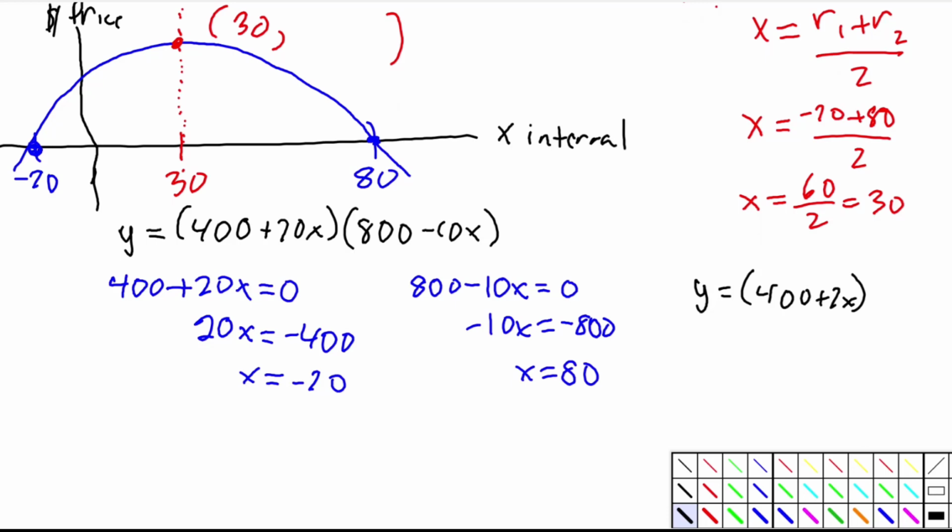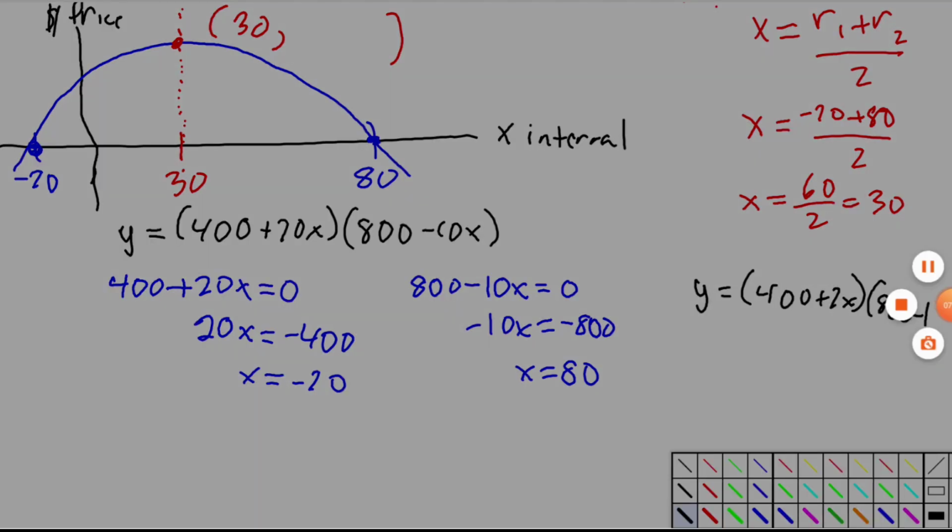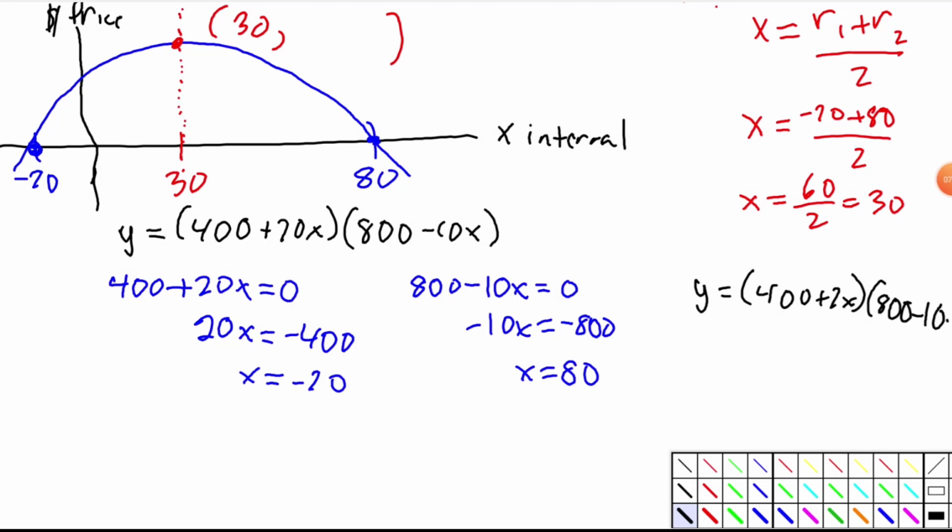So 400 plus 20x when x is 30, and 800 minus 10x. We're going to substitute the 30 in. I'm going to just do it in my head. 2 times 30 is 60, sorry, that's a 20, because of my equation.